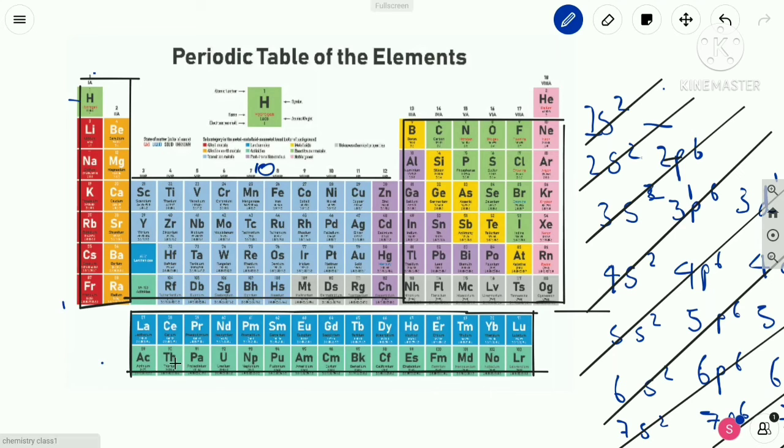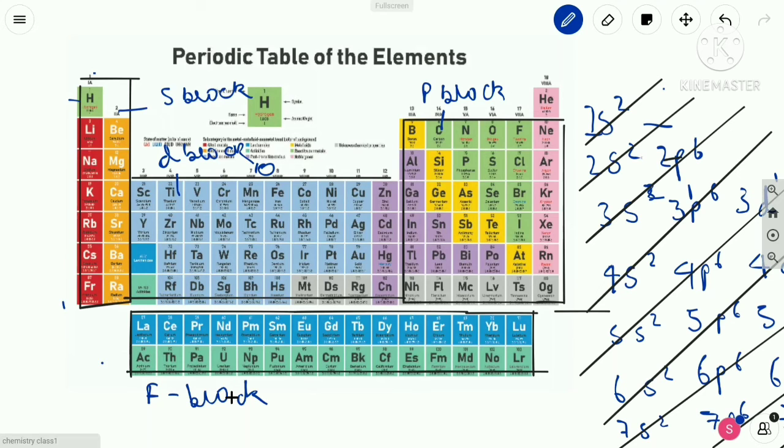So that's why these are F block elements, basically. This is the S block elements, P block, D block elements and F block elements.